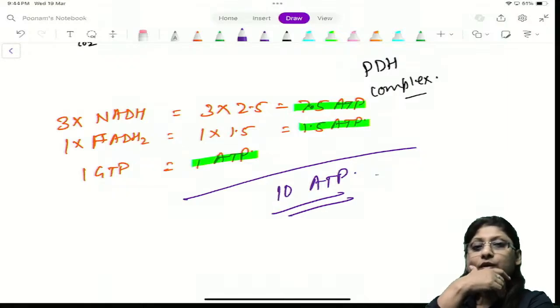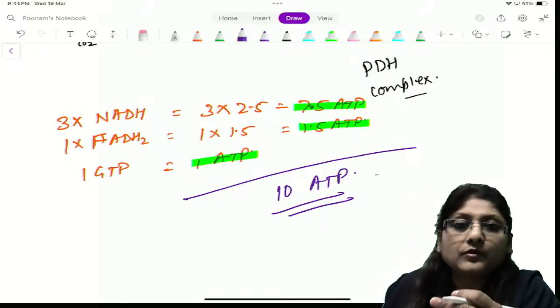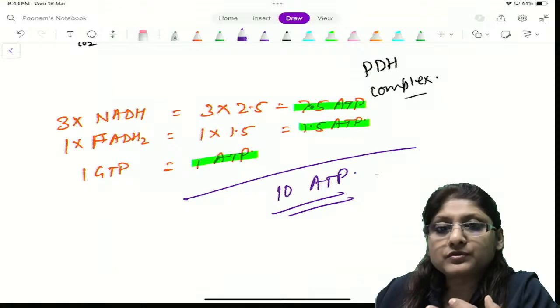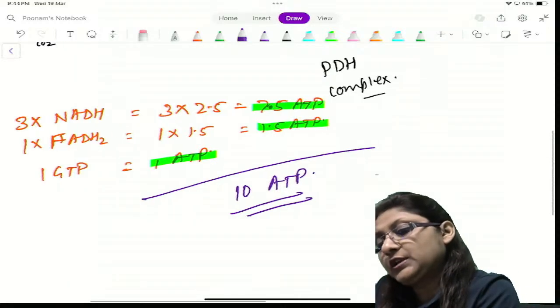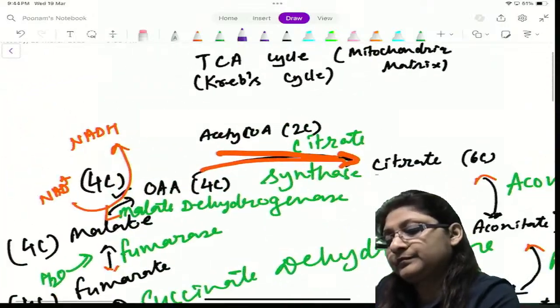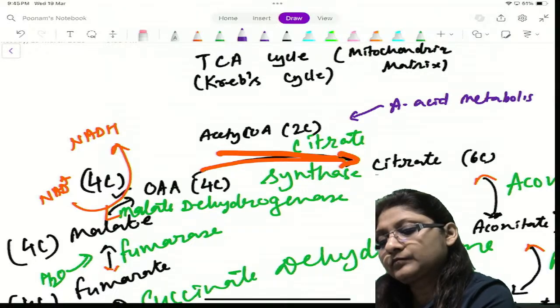You must know that here we are talking about the acetyl-CoA, which is coming from glucose pyruvate oxidation. You must additionally know that this acetyl-CoA may even come from amino acid metabolism. Pyruvate I already told you, which is coming from glucose.